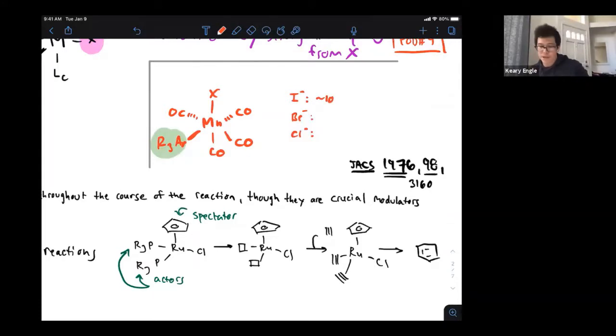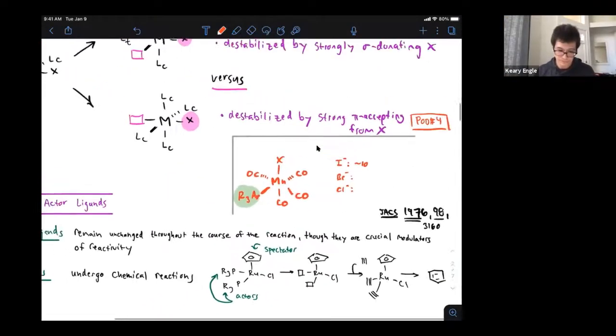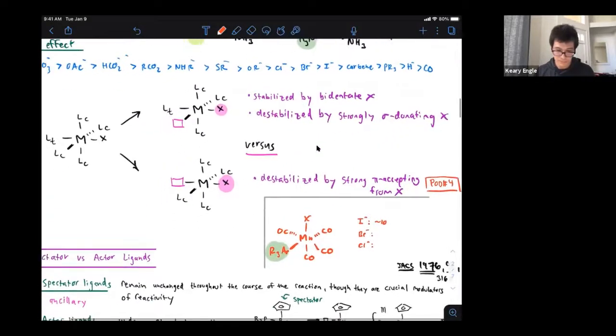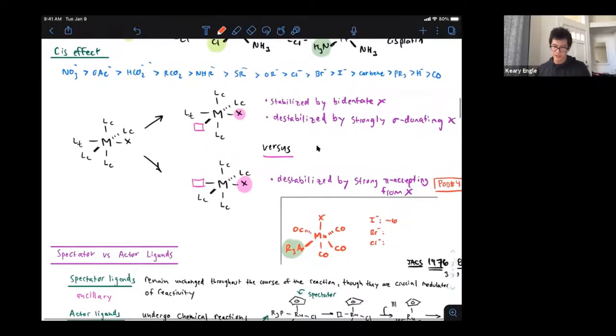Okay. Did anybody get the opposite trend? So in this case, Noor, remember that this is one of these cases where the trans ligand is held constant across the series. So the only factor that's going to be at play is the cis ligand and the cis effect.